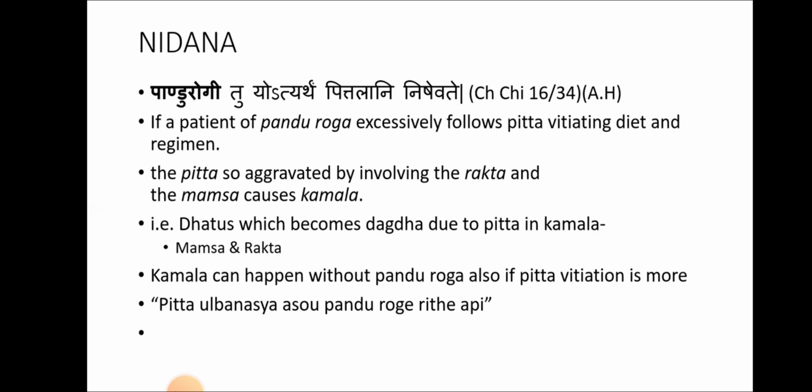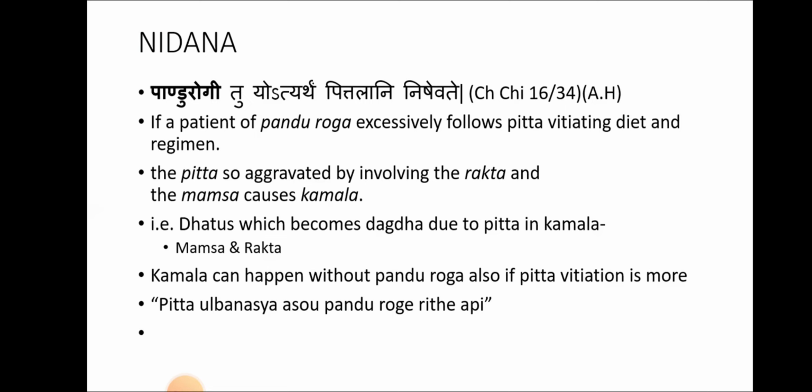And next is the lakshana of Kamala. Haridra netra sabhrisham haridra twang nakha anana, raktapita shakrit mutro bheka varna hatendriya, daha avipaka daurbalya sadana aruchi karshita, Kamala bahupitta ishat koshtha shakhashraya marga.